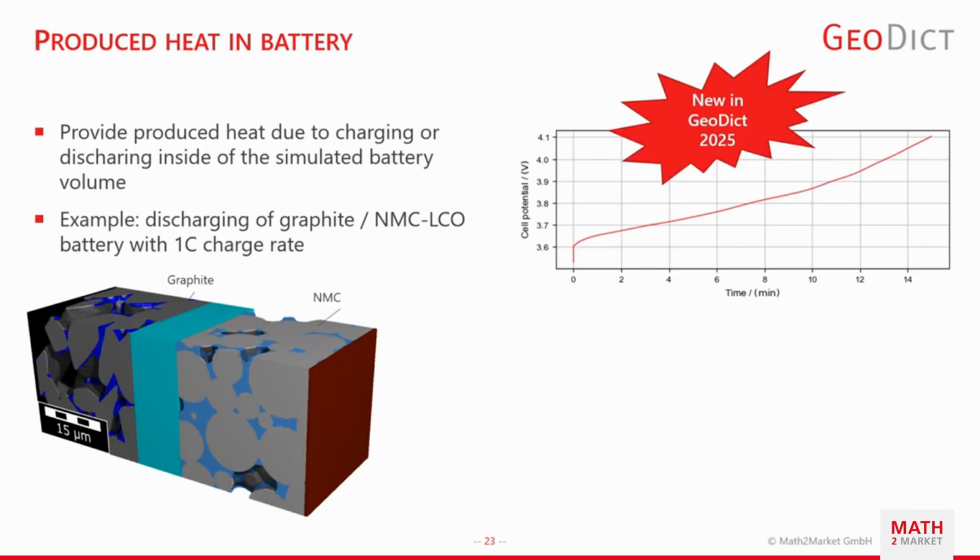And yeah, I will just show you some of the new things that we introduced into the new GeoDict 2025. One of them is the heat production inside of the battery. So here you see a graphite NMC battery, and it is charged at 1C charging rate from 3.5 volts until 4.1 volts.